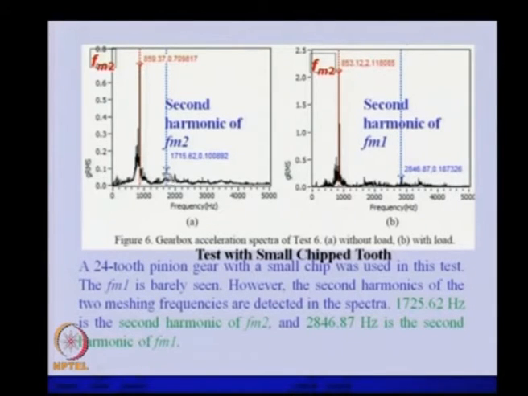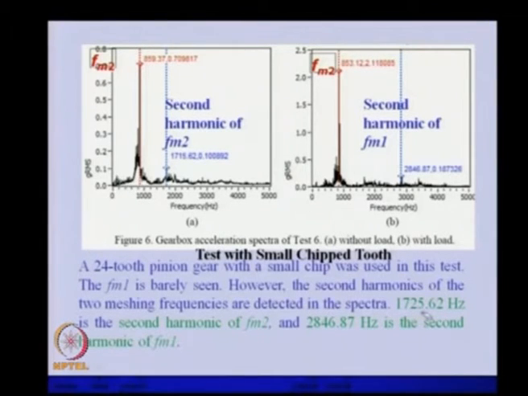This is not visible here. However, the second harmonics of the two meshing frequencies are detected. So, we are not seeing the first harmonic, but the second harmonic of these particular mesh frequencies is appearing in the spectra.